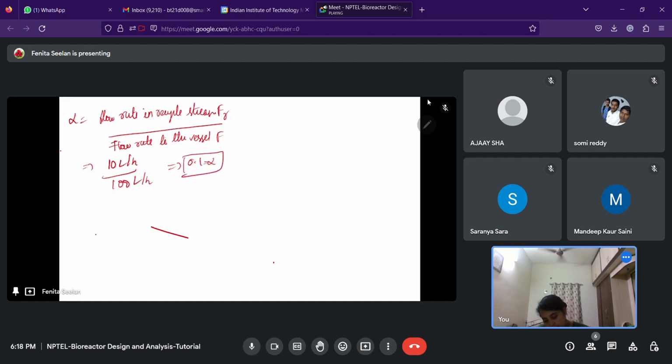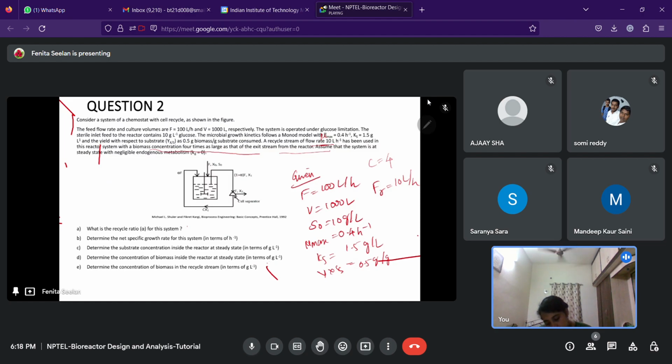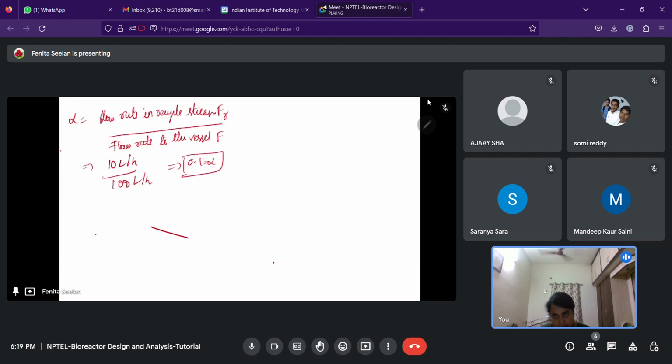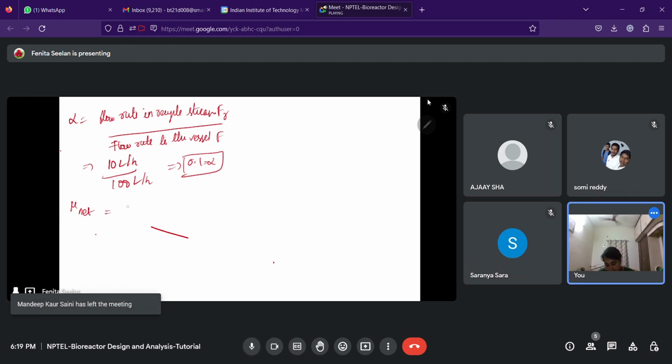So what is the next question? Determine the net specific growth rate for the system in per hour. Mu net has to be calculated. If you have solved the assignment problems and listened to the lecture, you will understand the formula. Mu net is equal to D times 1 plus alpha minus alpha C. So we just have to substitute the values.